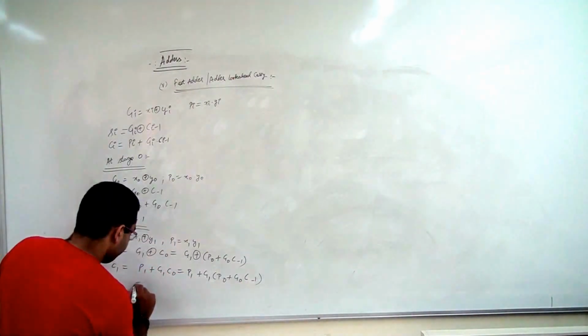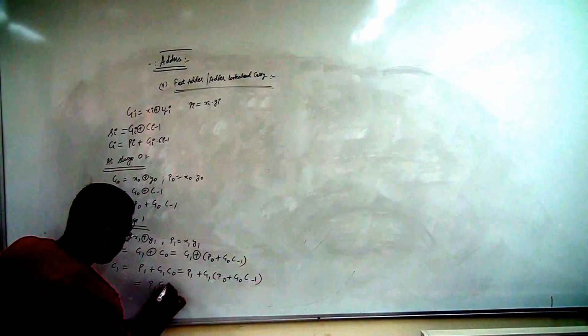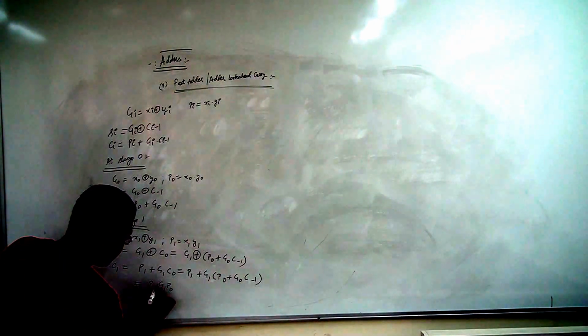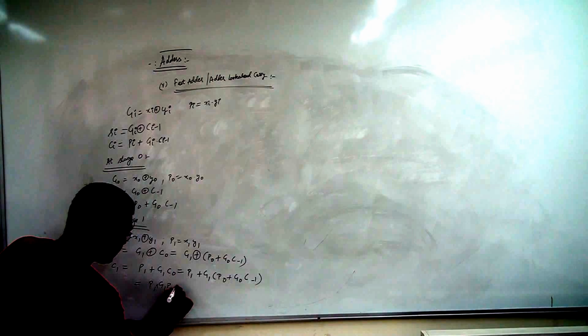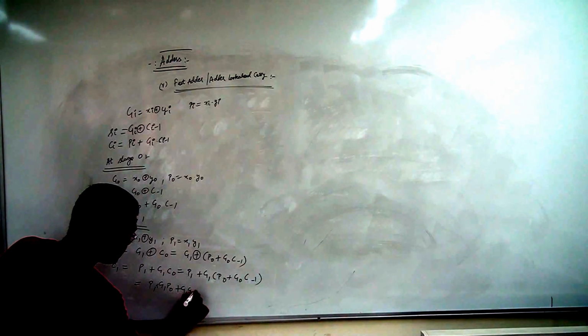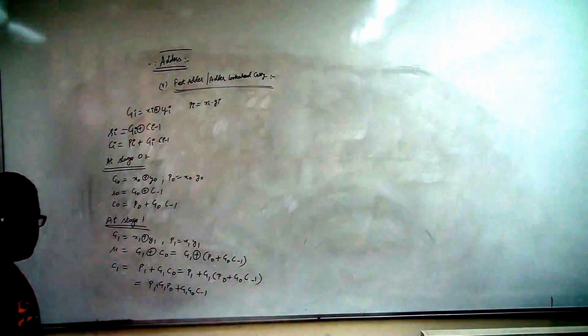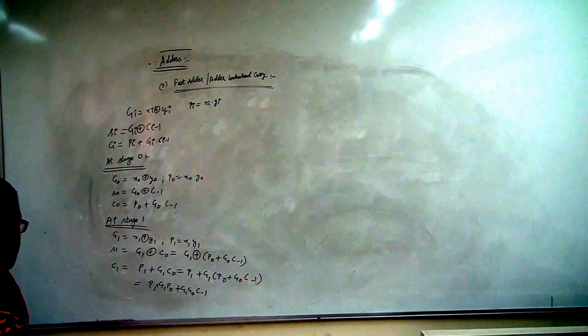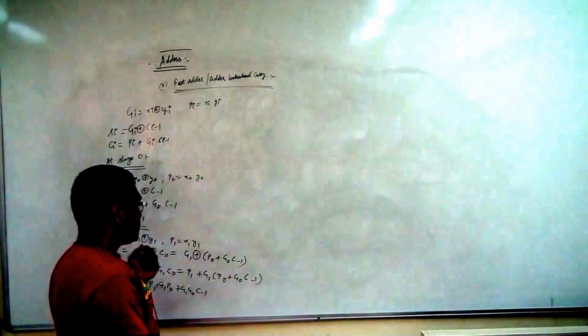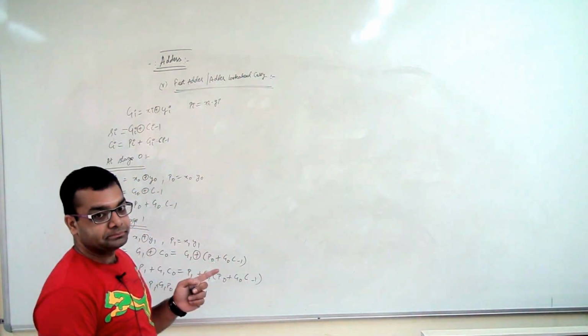This is P1 plus G1 P0 plus G1 G0 C minus 1, and so on. We can write down the expressions for stage 2 and stage 3 also.